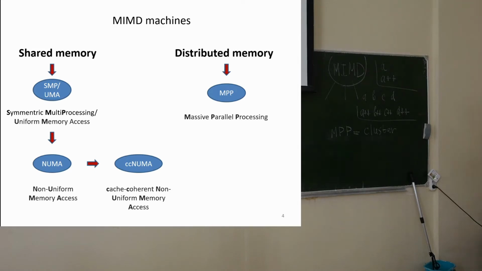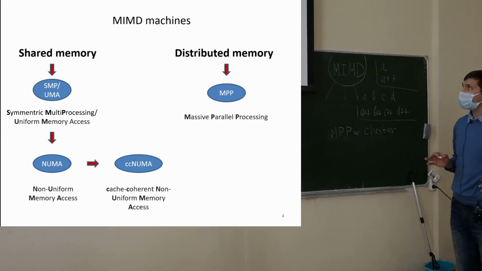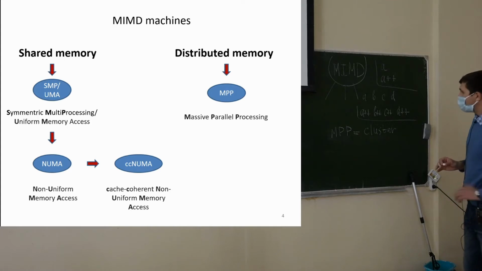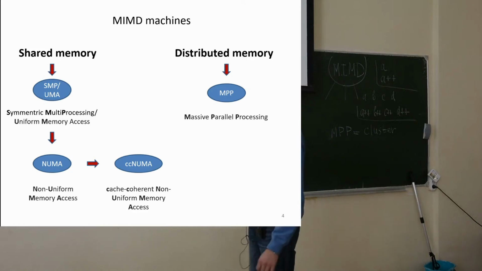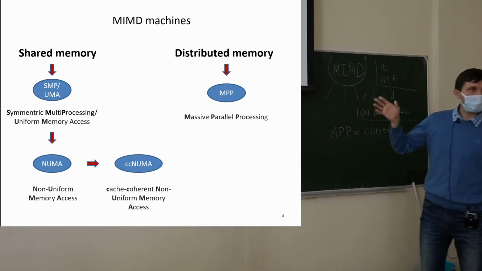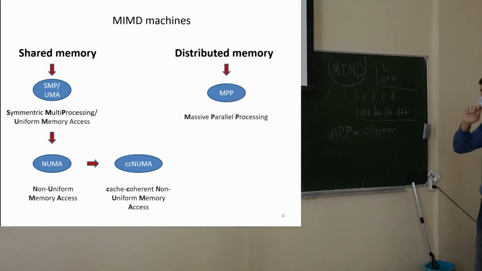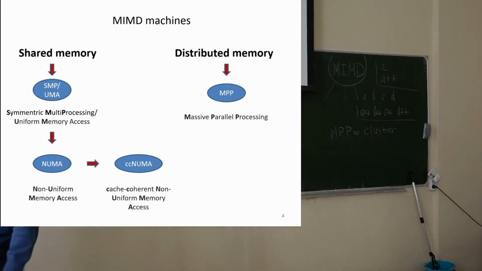Shared memory is a little bit more complex. They can be symmetric, symmetric multiprocessing, or uniform memory access, which is the same. Let's start from the very beginning. About distributed memory, are there any questions? You can consider them as personal computers linked with some network.